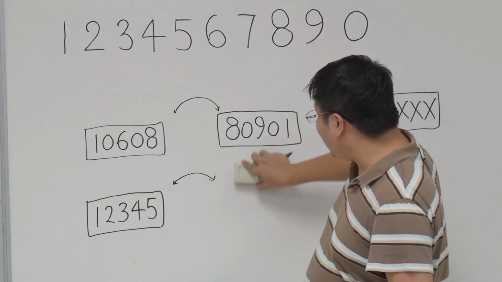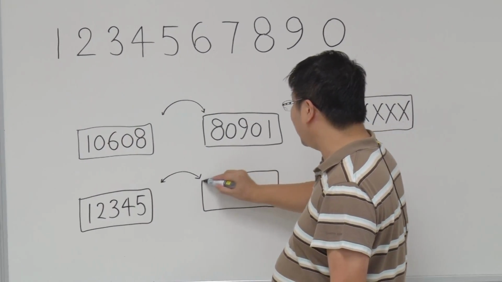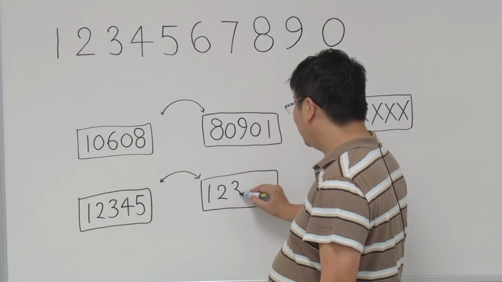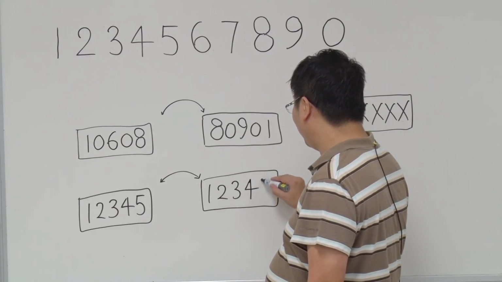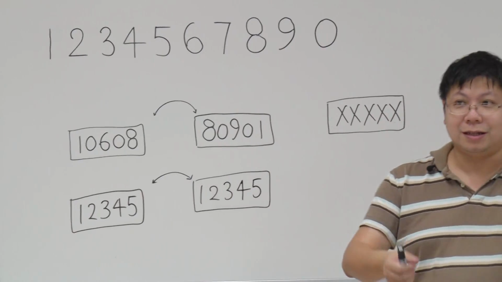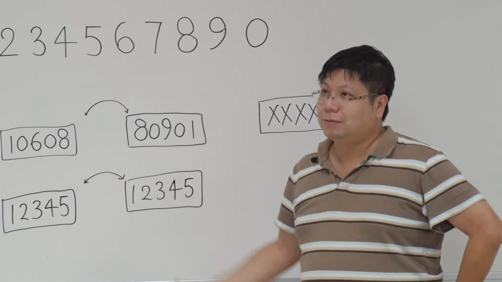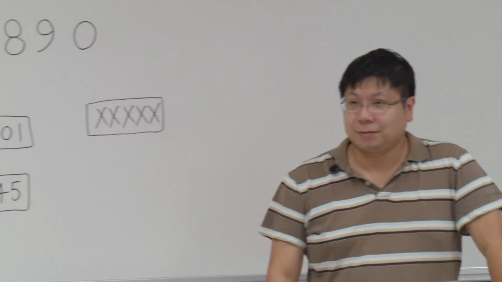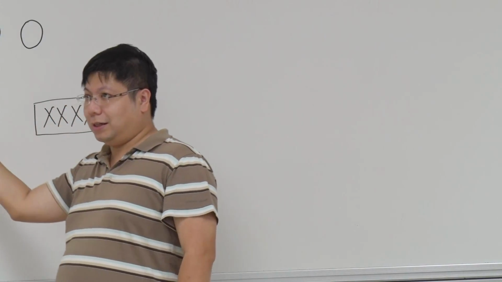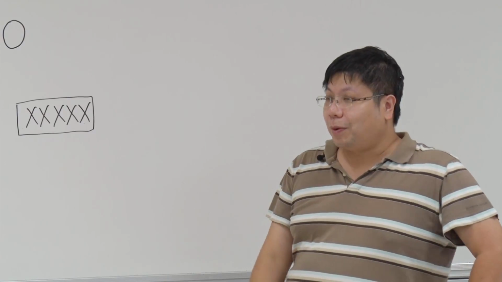It does not have any other thing that maps to it, so we will still consider it as 1, 2, 3, 4, 5, because there is no way that you can look at it in another way. So they are the same. But for this one, if I start with this one and do the rotation like this, it becomes this one.